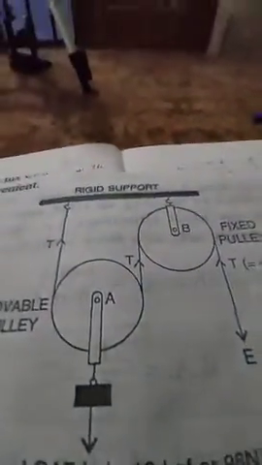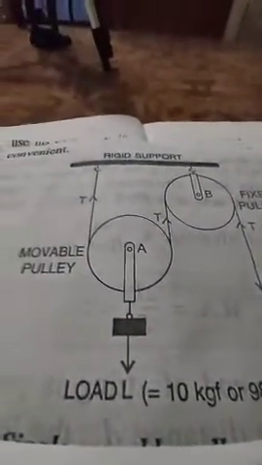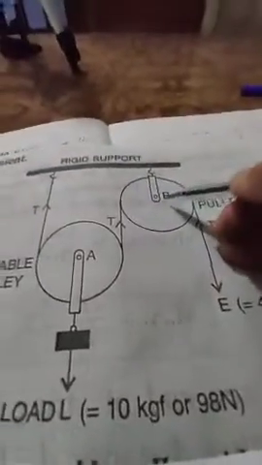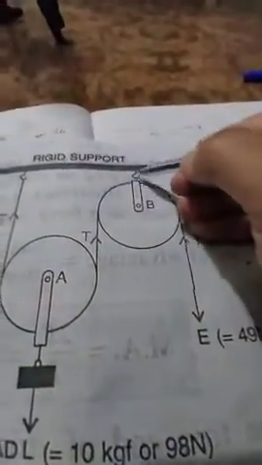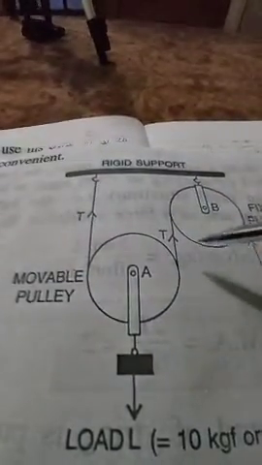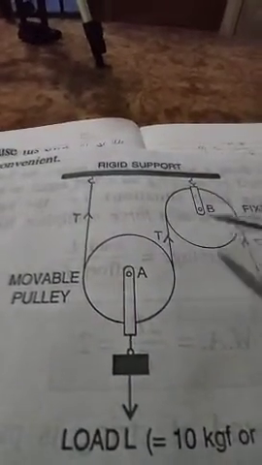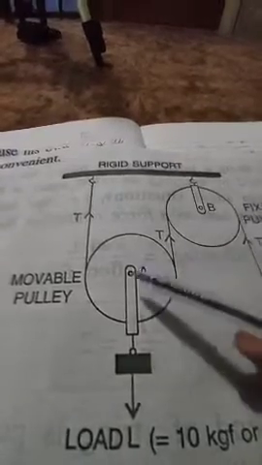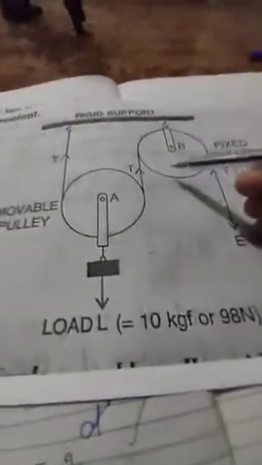Just see to it. This is an arrangement of a fixed pulley. This is fixed, just see to it, it is fixed. And this is a movable pulley. In other words, you can say this is an arrangement of fixed as well as movable pulley.